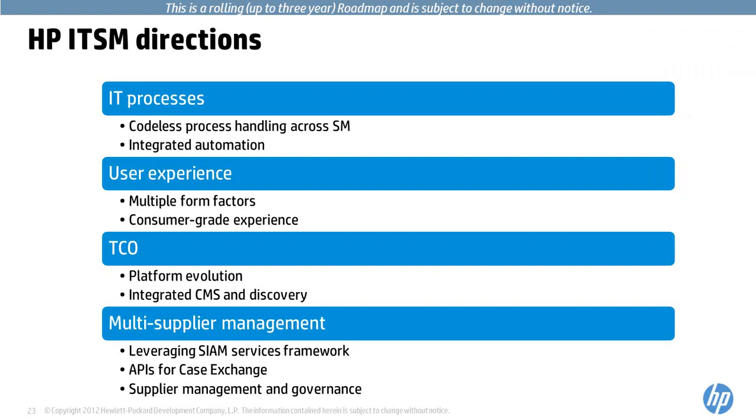And the goal is that it supports multiple form factors, so desktop, tablet, smartphone. So we're delivering a new smartphone client in next version, but then the version after that you'll see we'll talk about tablet and revamped joint tablets and desktops. And the goal is clearly to get to a consumer-grade experience for all these user interfaces.